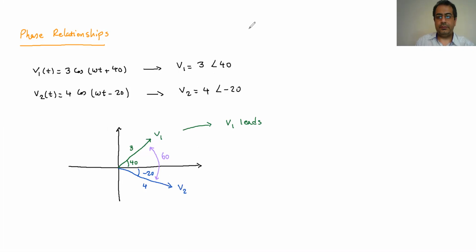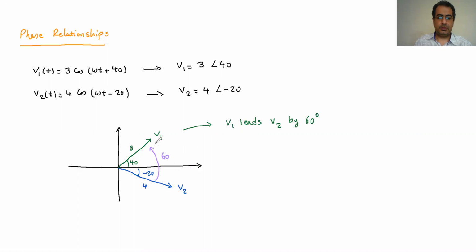So let me probably draw this again. In the format of counterclockwise, this is 60 degrees from here to here. So V1 leads V2 by 60 degrees. It's just convention, remember that.